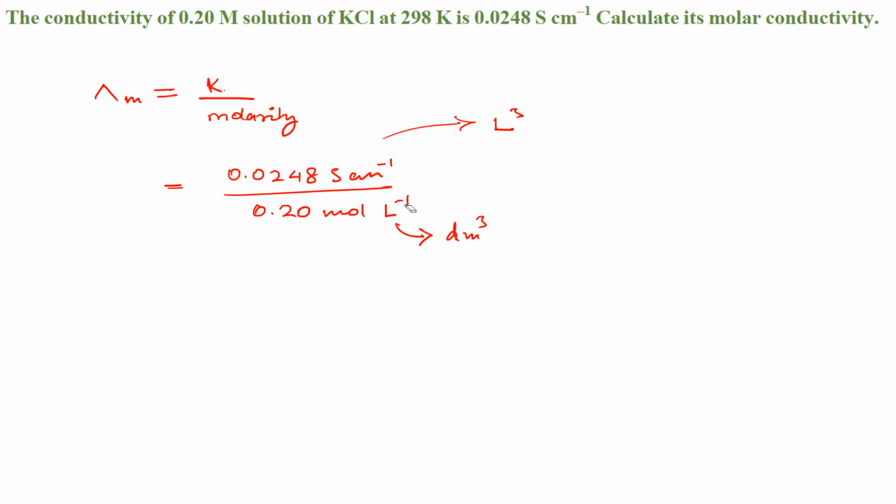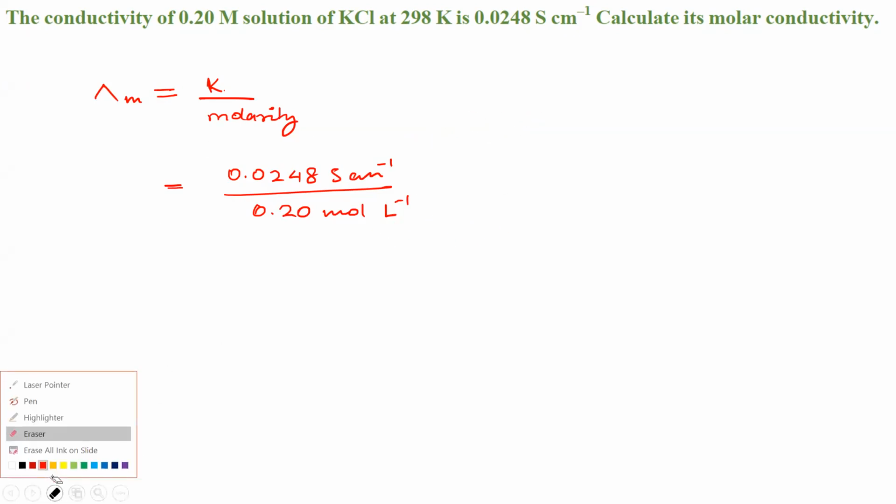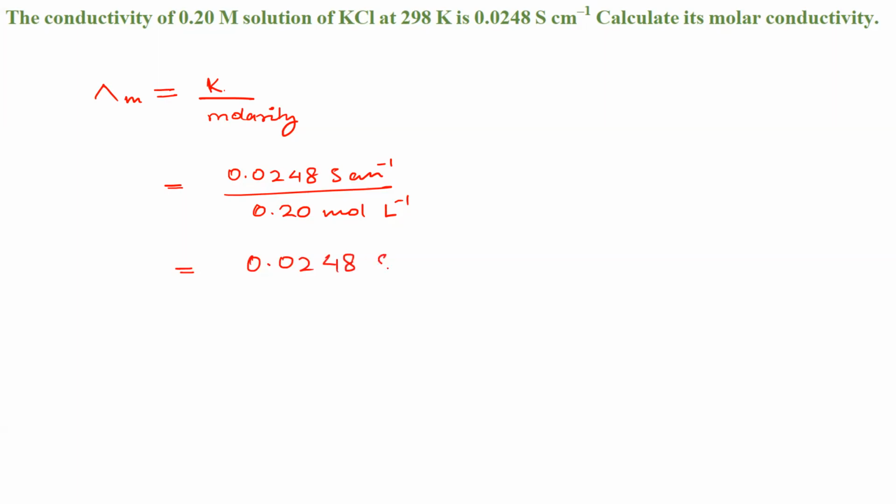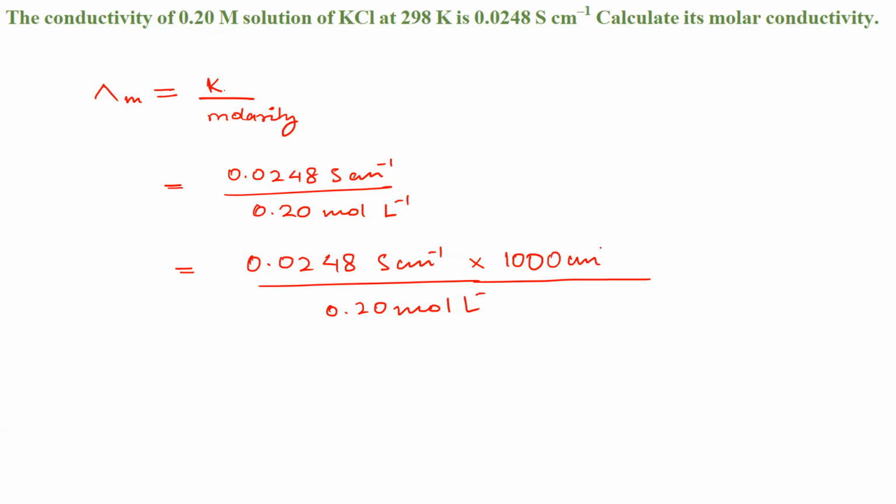You have to get these two things in their particular units. For that, you can just multiply this whole thing by 1000. 0.0248 Siemens centimeter inverse divided by 0.20 moles per liter. So you can multiply this whole equation by 1000. Now please see here, 1000 centimeter cube is nothing but 1 liter.